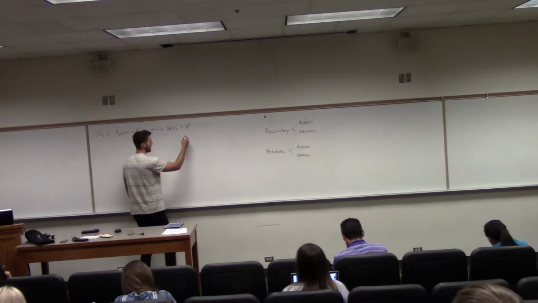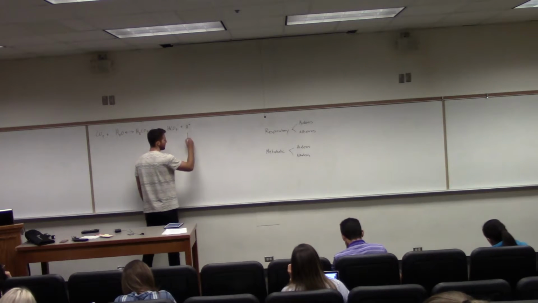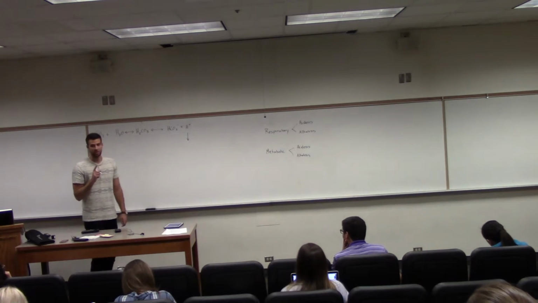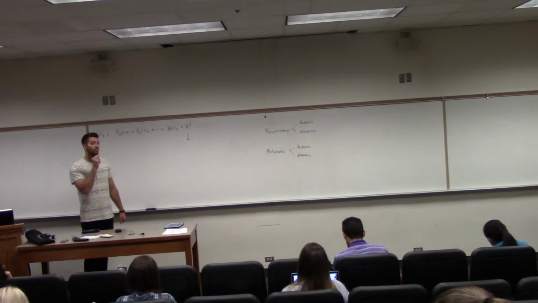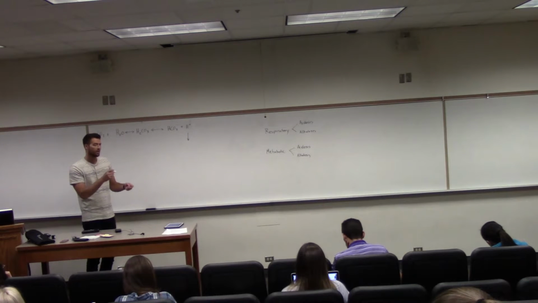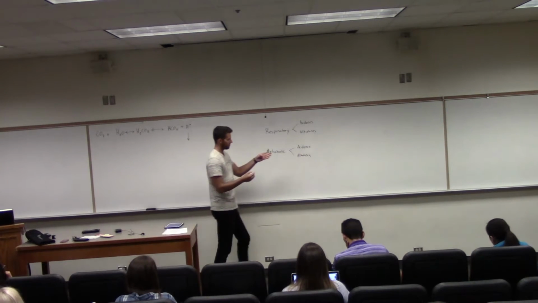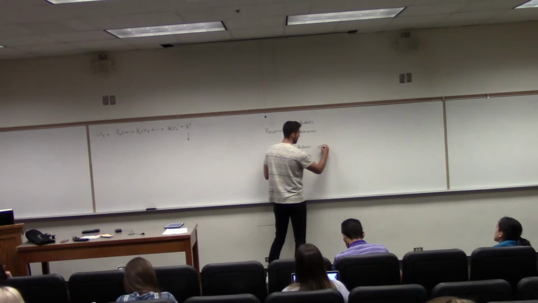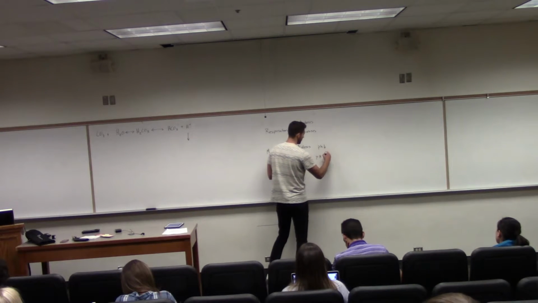We're eliminating H+, so H+ is going down. So pH would go which direction? Up. So that would be metabolic alkalosis, because acidosis is associated with pH going down. Alkalosis is pH going up.